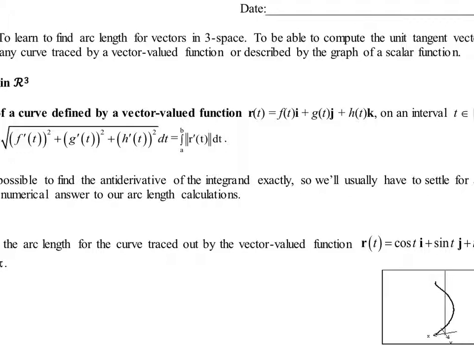It's really talking about the magnitude of your derivative function, the derivative of R of t. So it's a nice, concise way of representing the arc length formula in any set of dimensions. If I went out to 10 dimensions, this rule would still be true. We just need to know where we're starting and stopping. That's going to be part of the challenge.